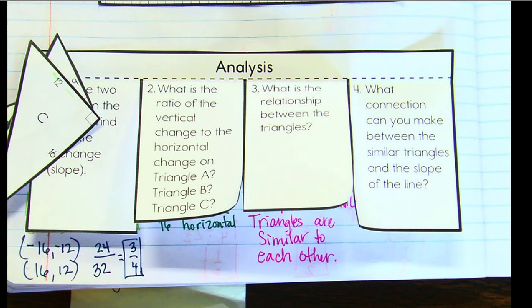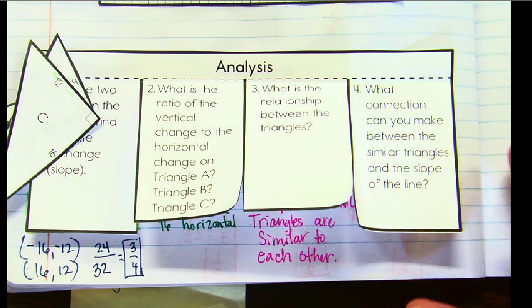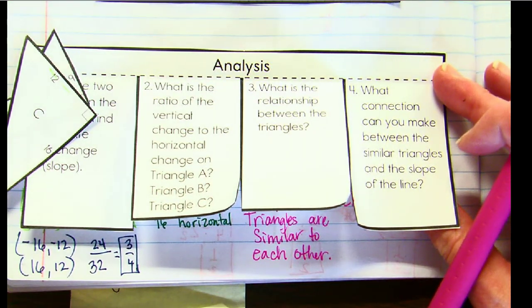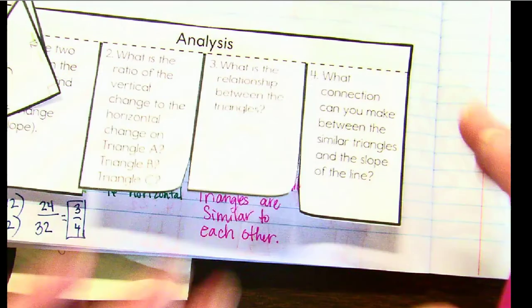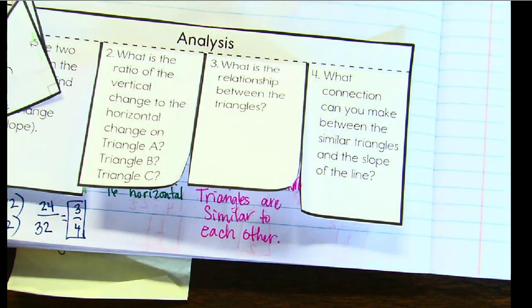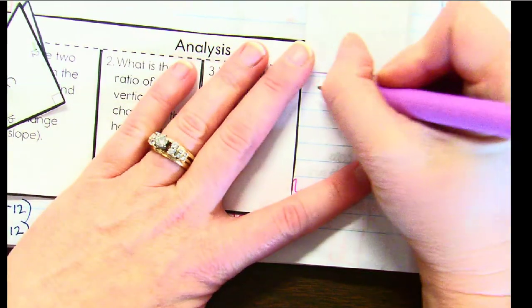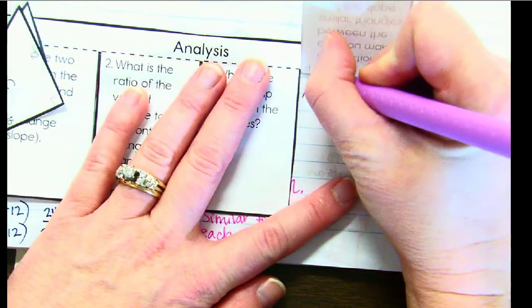Okay? Very good. What connection can you make between similar triangles and the slope of the line? Okay? So if your triangles are similar, there's lots of things we can say. And I'm going to abbreviate triangles with the symbol.